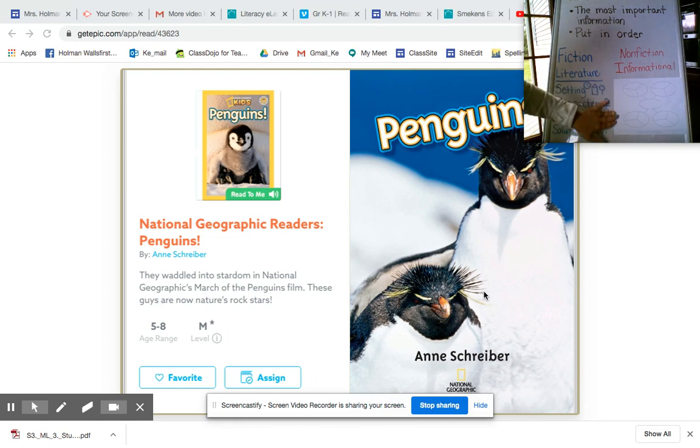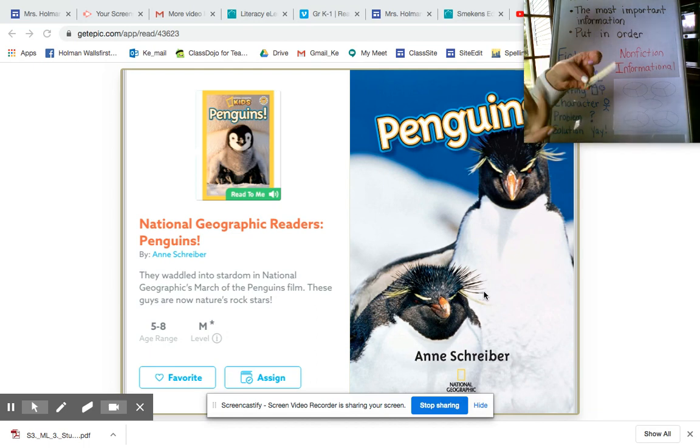And what I have up here is kind of like a web, okay? And so I'm going to use this today to help retell a book on penguins. We're going to be learning about penguins today.